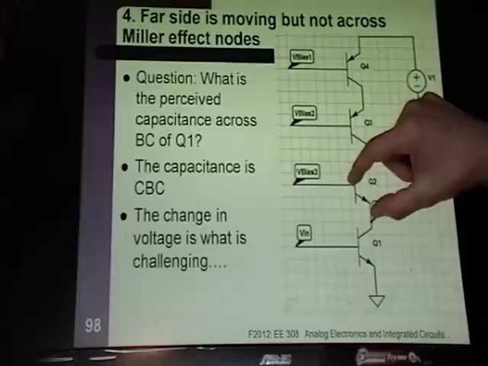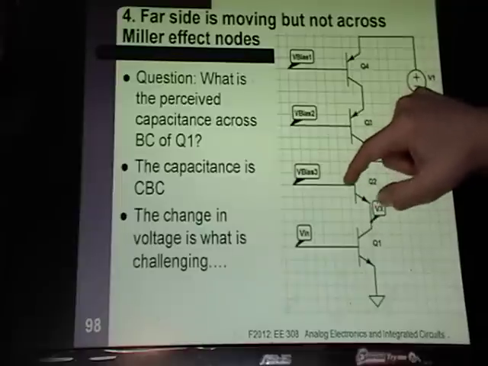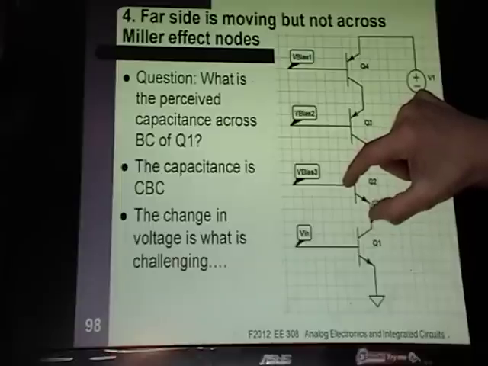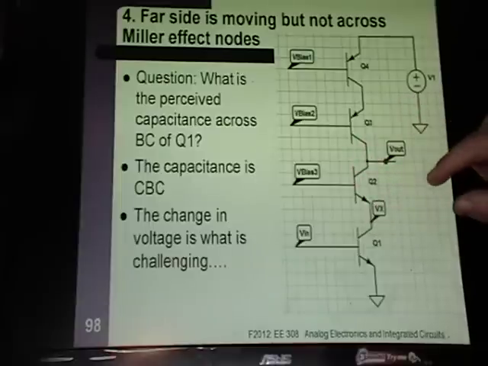The way it's going to adjust its current is to change its VBE, but the base is fixed, so the only way it can change its VBE is by changing the emitter voltage.